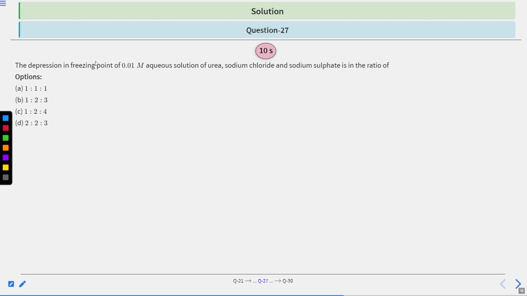The depression in freezing point of 0.01 molar aqueous solutions of urea, sodium chloride, and sodium sulfate is in the ratio of? So we have to find out the ratio of the depression in freezing point of these three solutions, and their concentration is given as 0.01 molar.